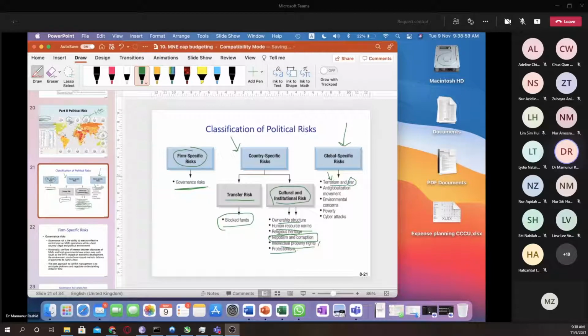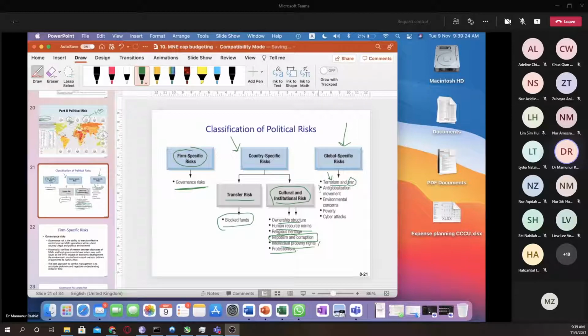So war is happening even in ASEAN. Myanmar is affected severely by war. There are issues with the Philippines. There are problems happening left and right in Indonesia as well. Not that much, but still there are issues happening in these countries. Therefore, war can be a serious issue for a multinational company.